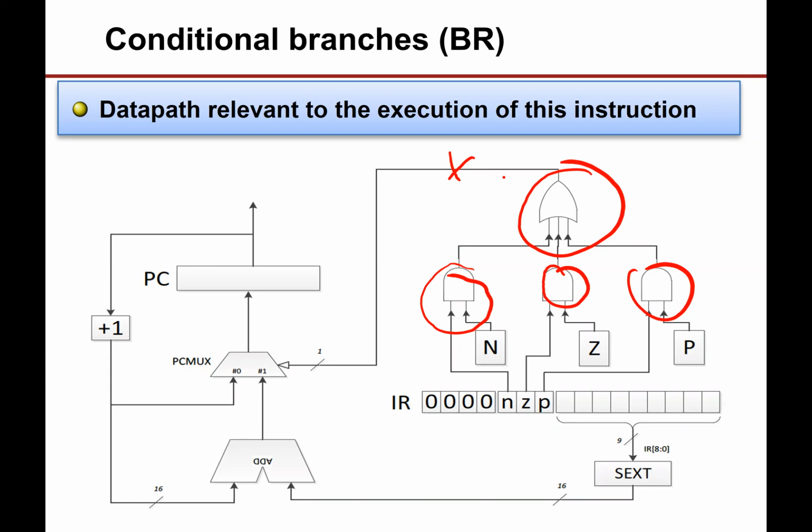If the condition is satisfied, then it goes to here, and a new PC will travel through this controller and then send the value to the PC. Then it's the new PC. If not, then it will go to PC plus 1, then go to the PC. So this means it will sequentially execute the instructions.